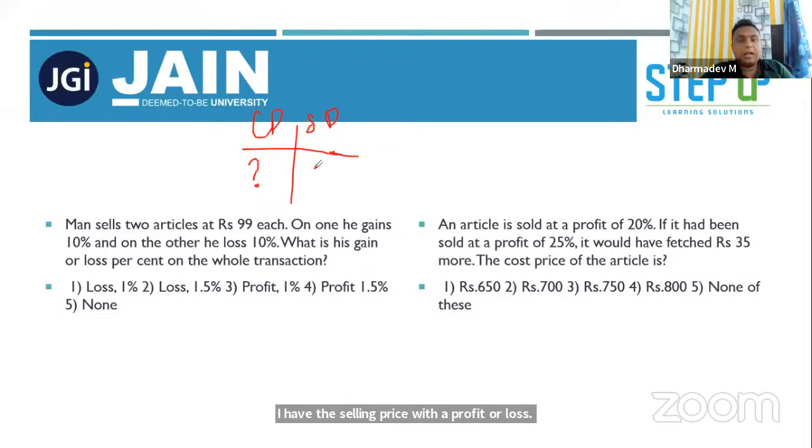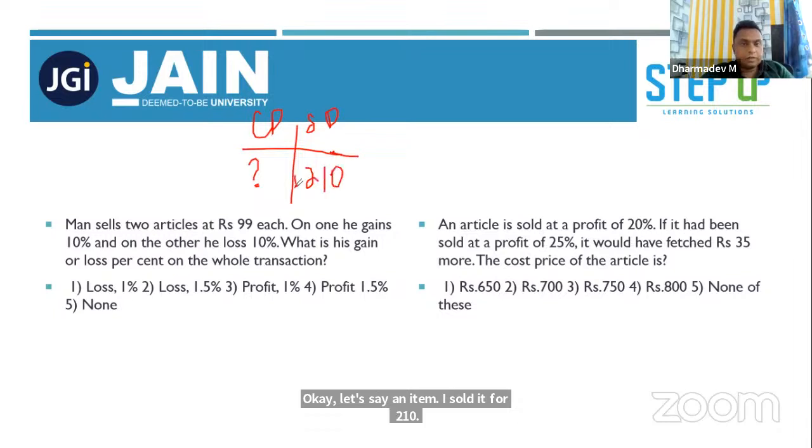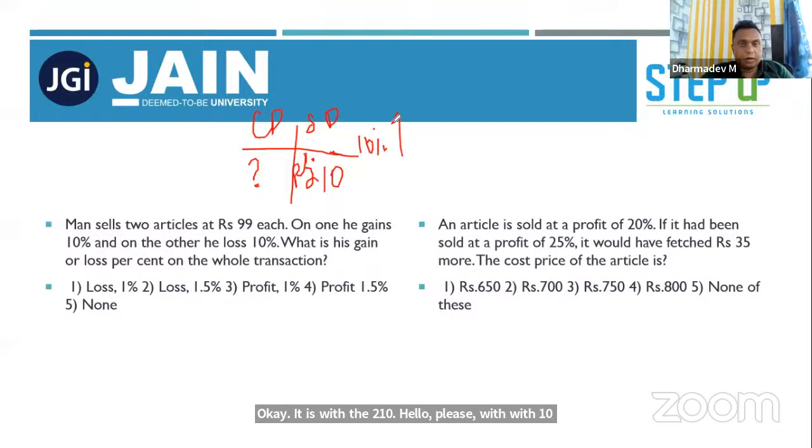Let's say an item I sold for 210 rupees. When I say the item was sold for 210 rupees, it's with a profit of 10 percentage.